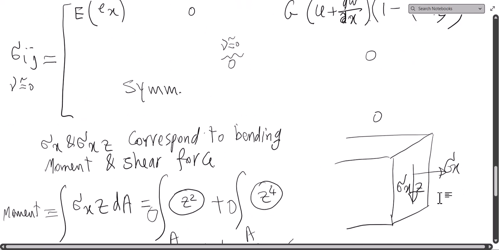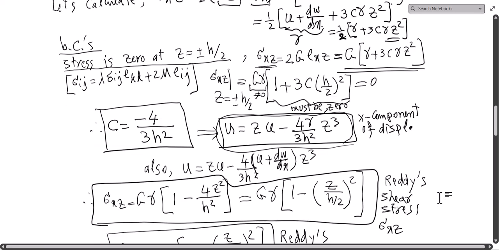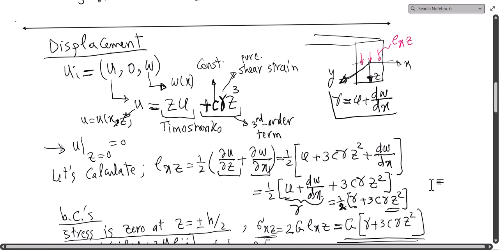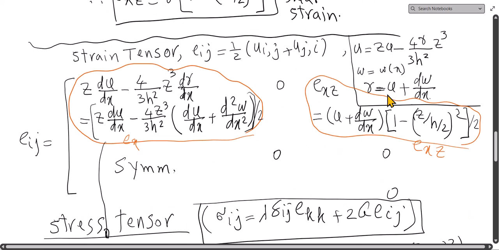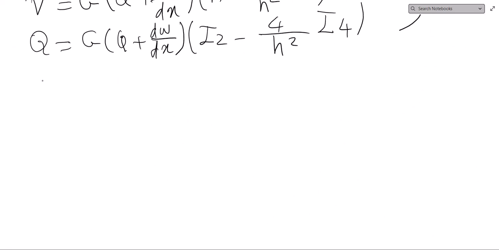One is the w; the other one is, if you go to gamma that we have here, for shear I need phi and w. So if I can calculate phi, the rotation of the cross section, and then w, the deflection, then I need the governing equation for these two.